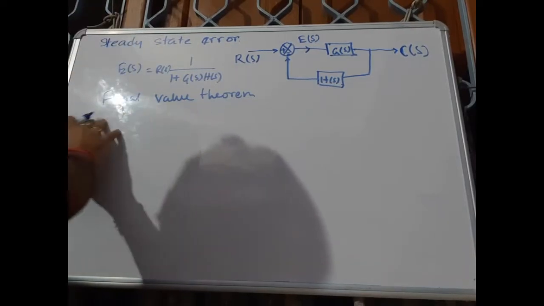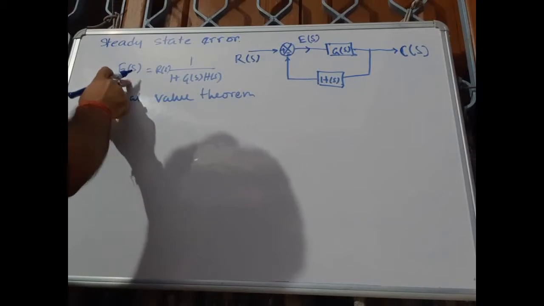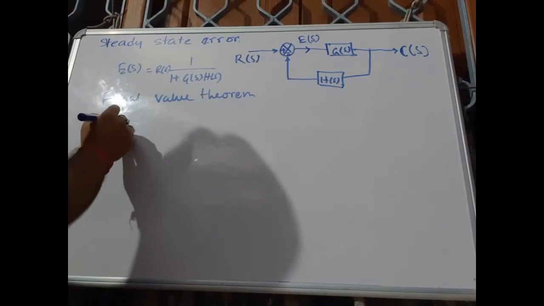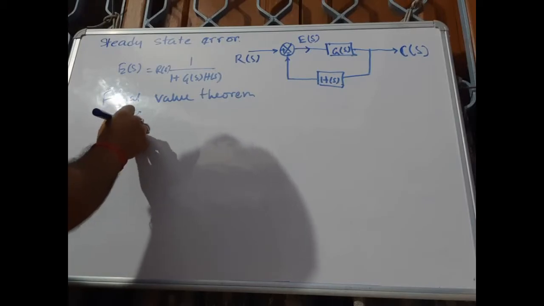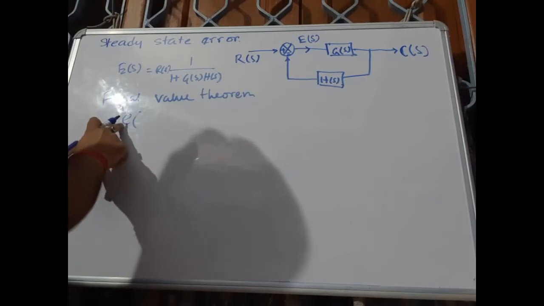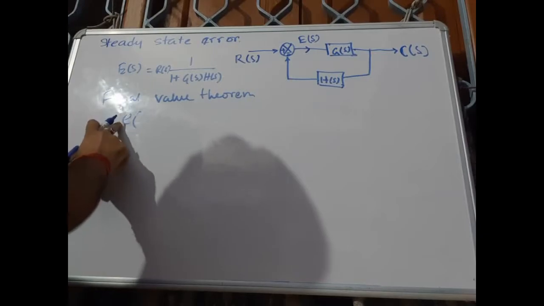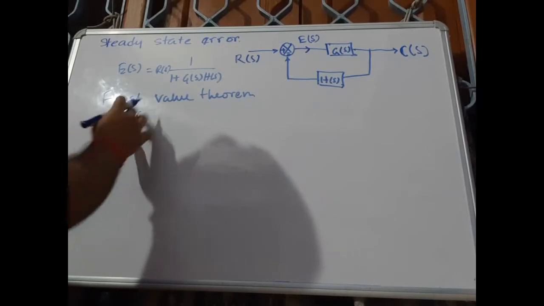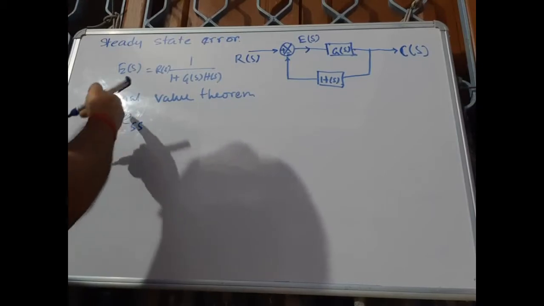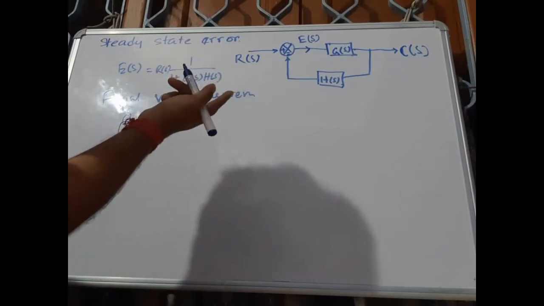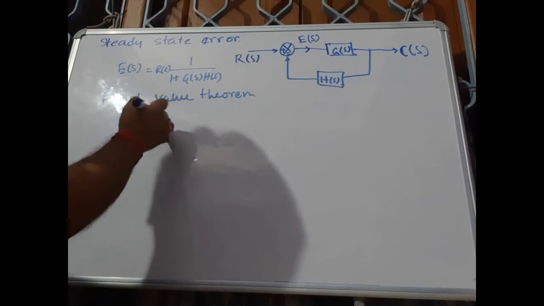And if I apply the final value theorem of the error signal, this is the time domain error e_ss. Final value means we will get the value of the steady state.